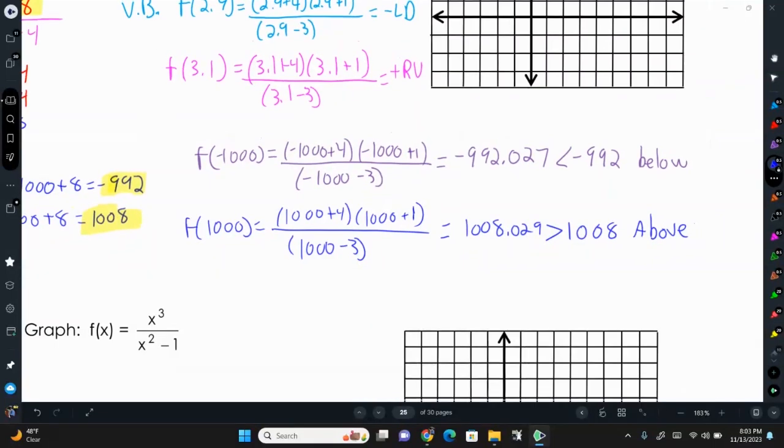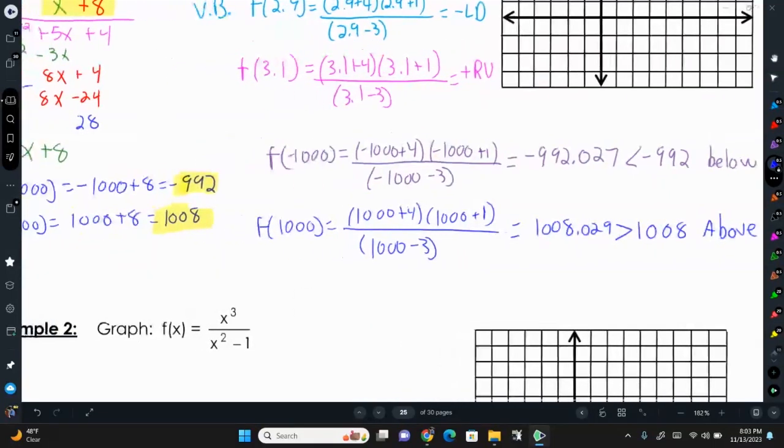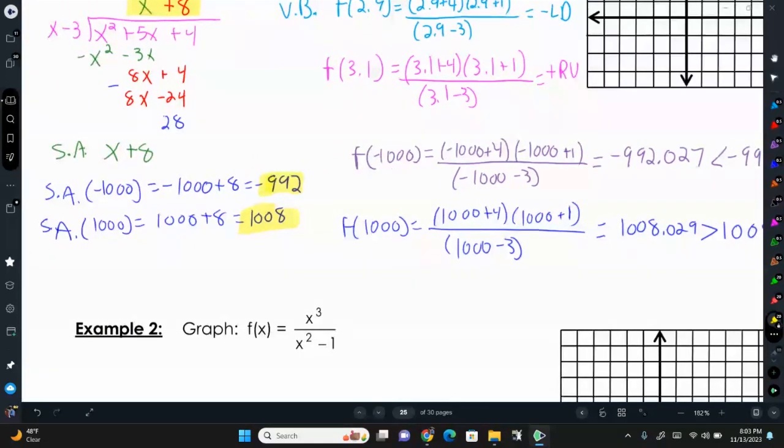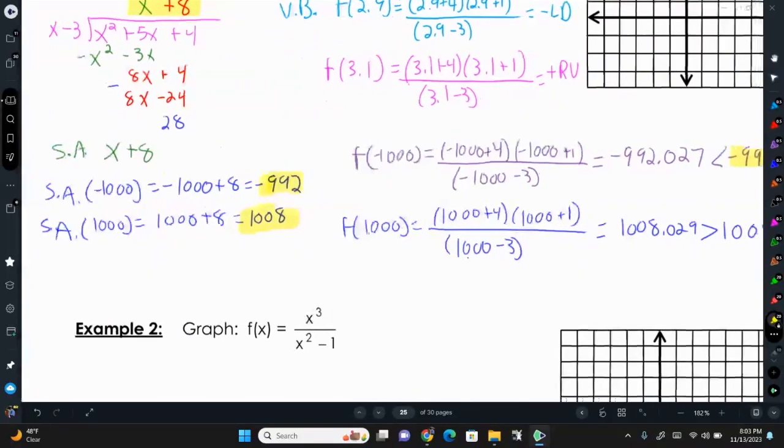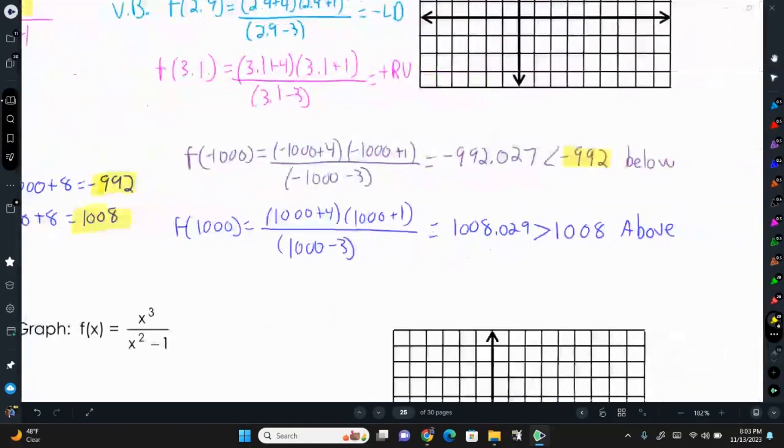So it's important that you match things up, where the slant asymptote at negative 1,000 is compared to f evaluated at negative 1,000, and the slant asymptote at positive 1,000 is compared to the function at positive 1,000.